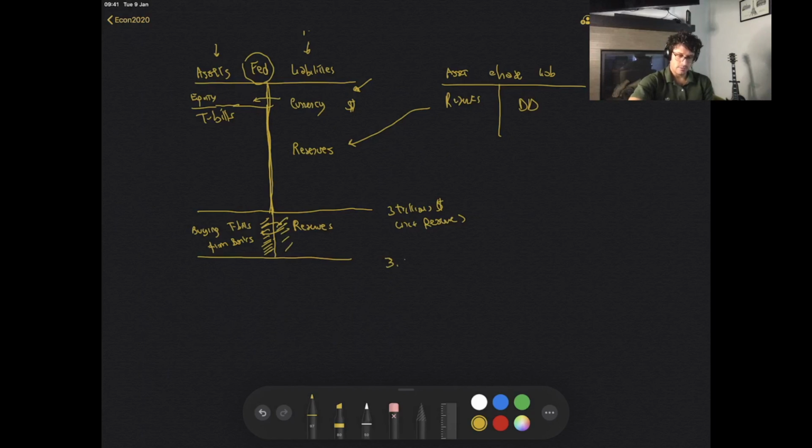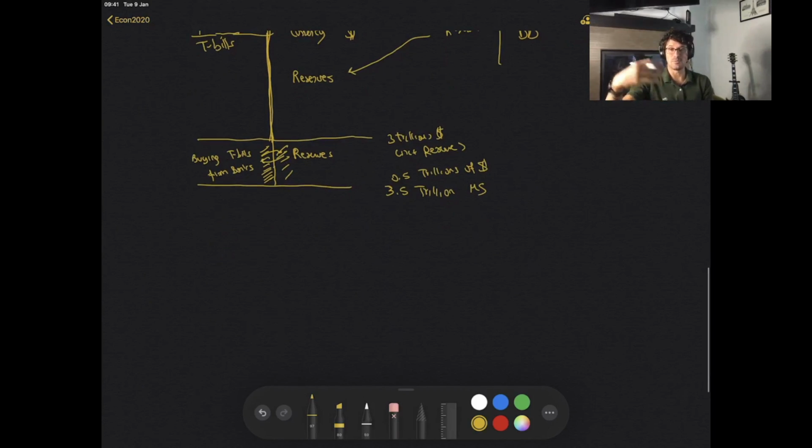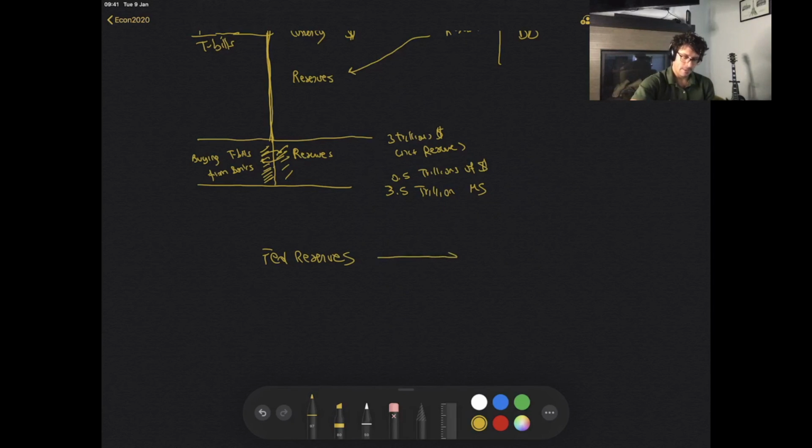Say now this becomes 3.5 trillion of money supply, so it has issued 0.5 trillion dollars. As you can see, there has to be an exchange. The Federal Reserve wants to introduce new money in the system, and it does so in the form of reserves to a commercial bank, say Chase.